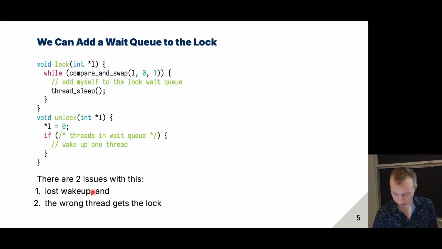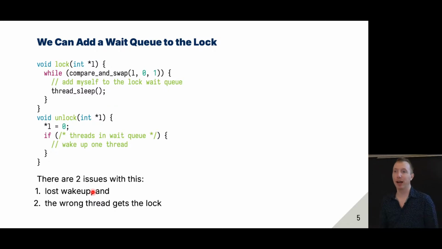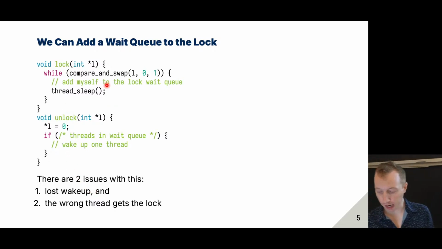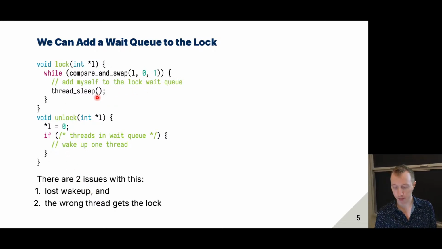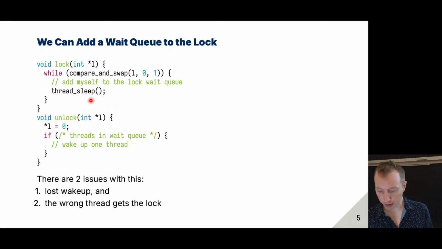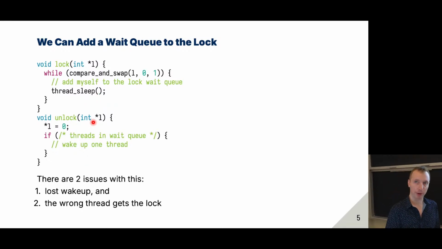So we can go ahead and add a wait queue to the lock. So we'll just add a queue of threads, and each time we don't get the lock, we'll add the current thread to the wait queue and sleep. And then in the unlock, we add a bit more code here.